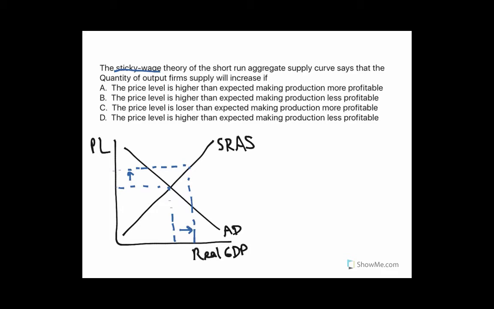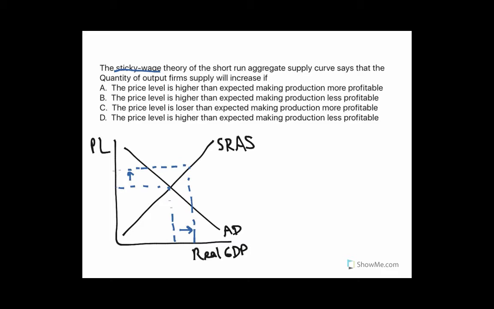And the reason for that is, okay, if wages and other resource prices are sticky or fixed, they can't change, but price level goes up, that means that producers can sell their good for more money, and if they can sell it for more money and they don't have to pay their workers more money, then they're going to produce because it becomes more profitable for them.